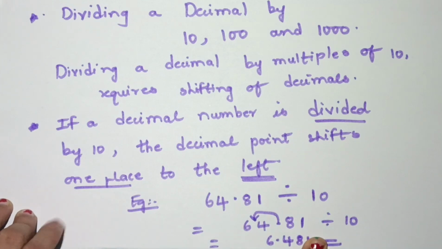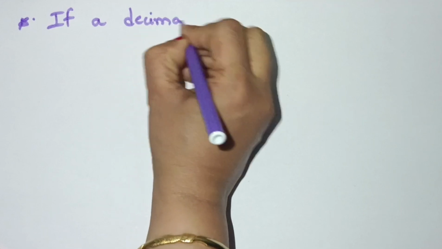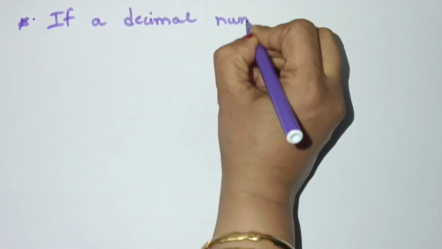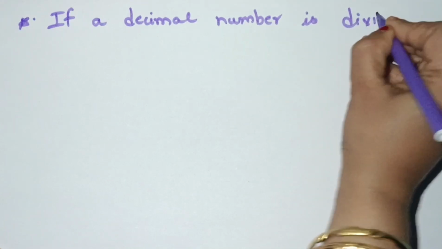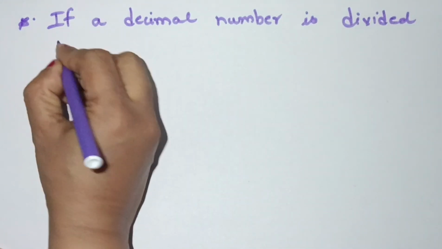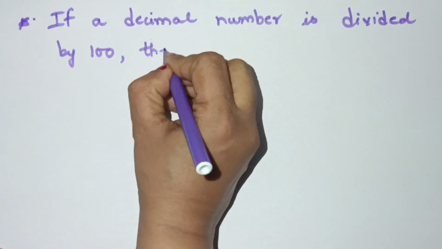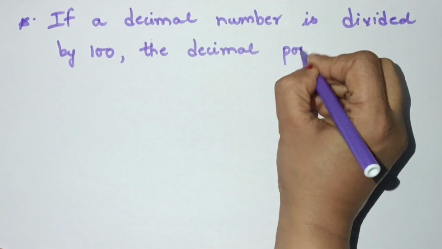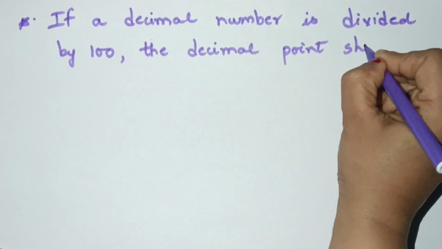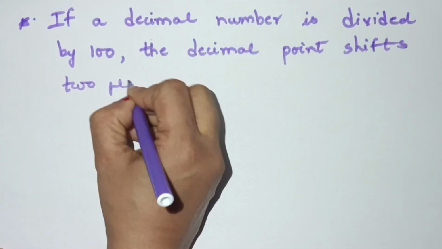Let's go to the next page. Now, if a decimal number is divided by 100, the decimal point shifts two places. Why two places?